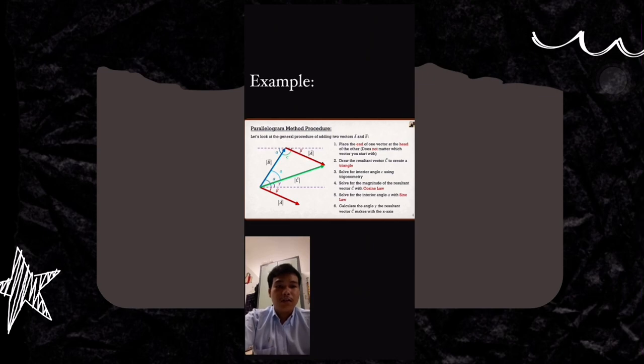Fourth, solve for the magnitude of the resultant vector with the cosine law. Fifth, solve for the interior angle with the sine law. And sixth, calculate the angle the resultant vector makes with the axis.